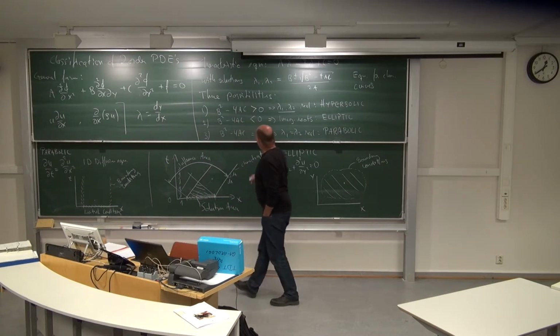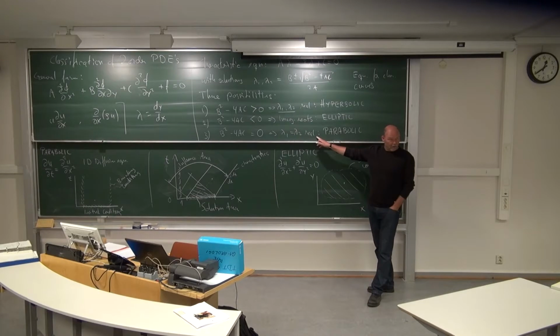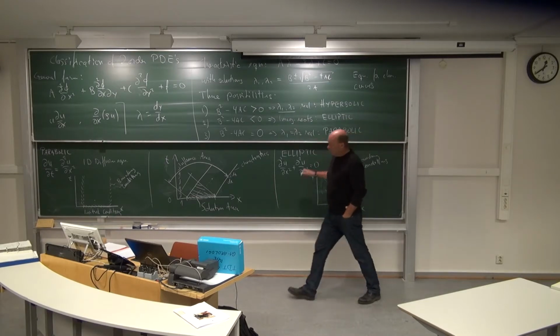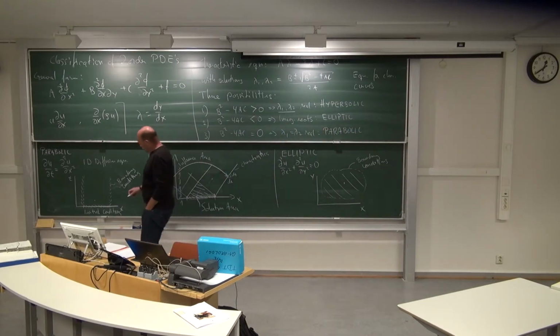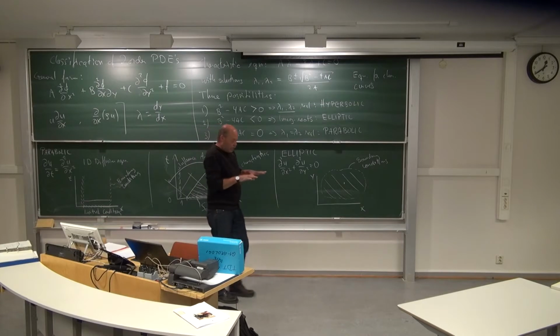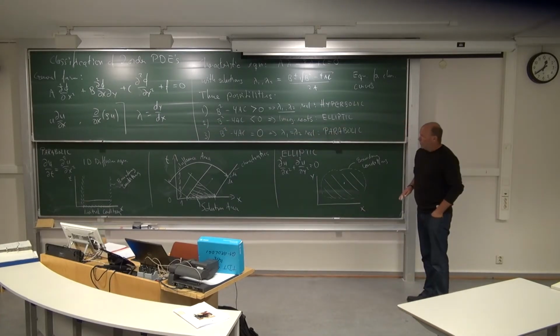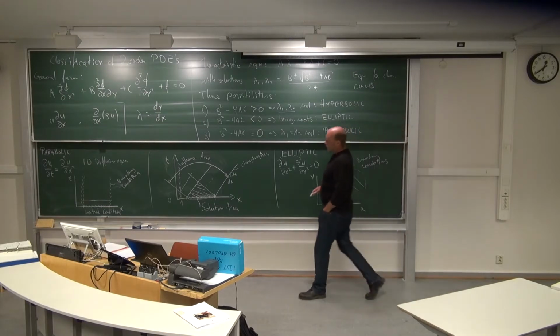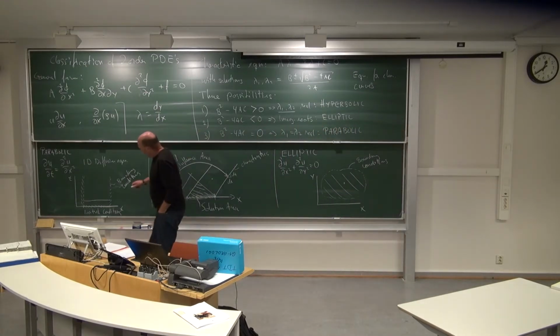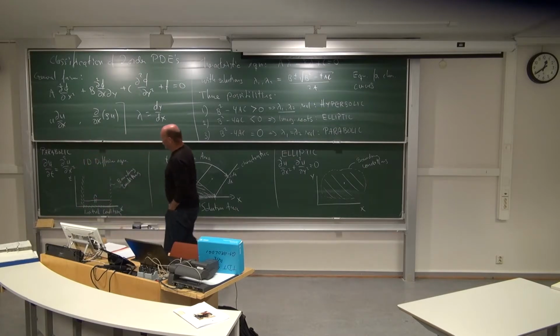What about my one real characteristic curve? How does it look? Well, it's actually a straight line going like this. So you might say the information goes instantly to the entire domain, but with time, now you can march your solution forward.